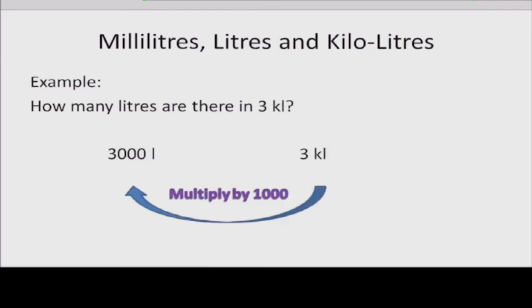In this example, how many liters are there in 3 kiloliters? So you need to convert kiloliters to liters. The order of operation you need to follow is you need to multiply. Remember, 1,000 liters, 1 kiloliter. 3 kiloliters. So 3,000 liters, 3 kiloliters. 3,000 liters, right?